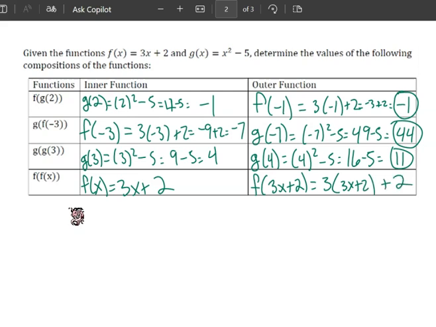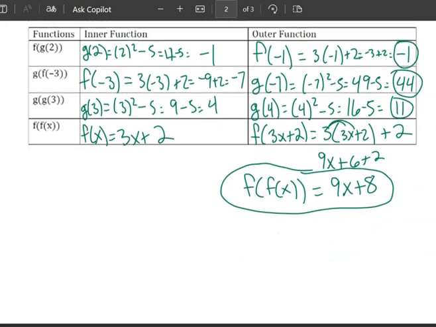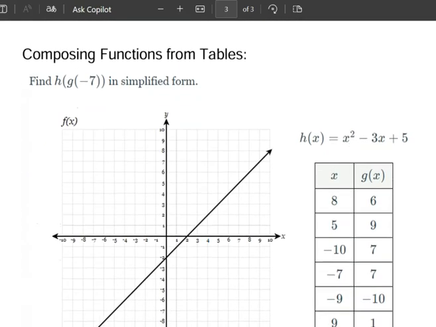So instead of x, you put the whole expression 3x plus 2 in there. And then distribute and combine like terms. Let's go to the last page.